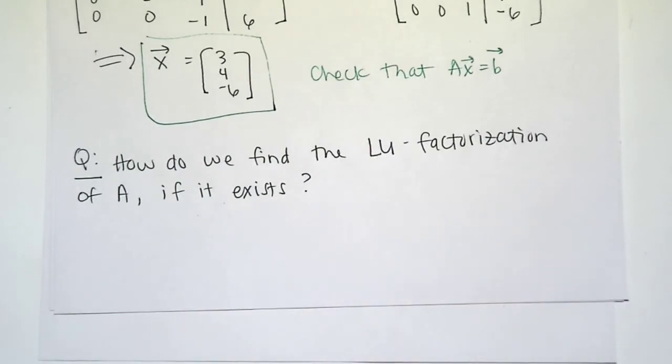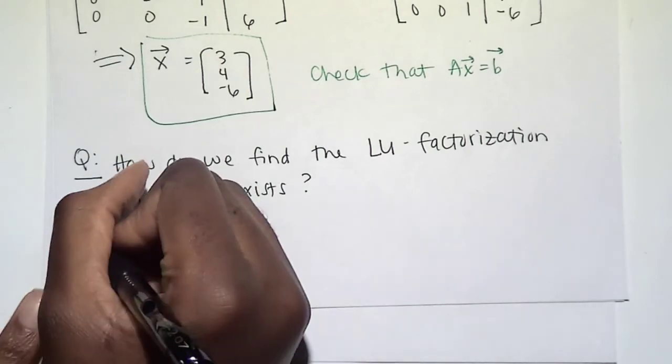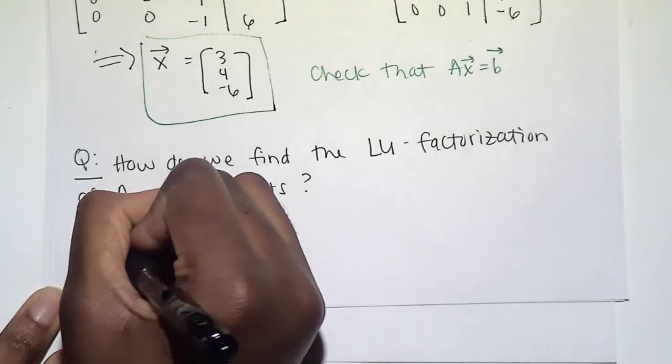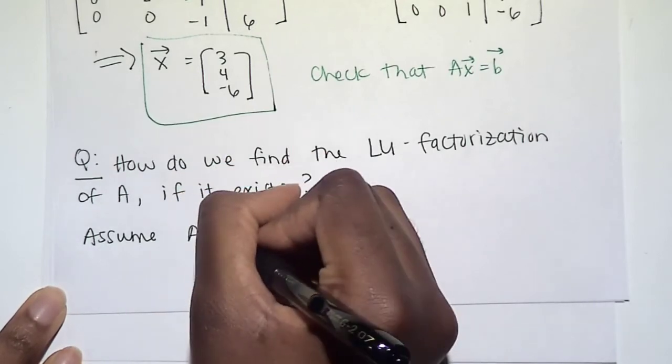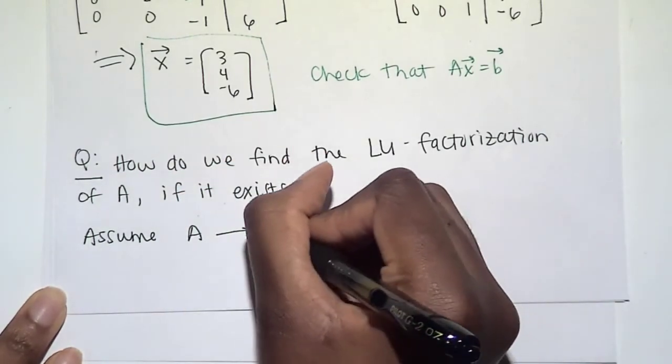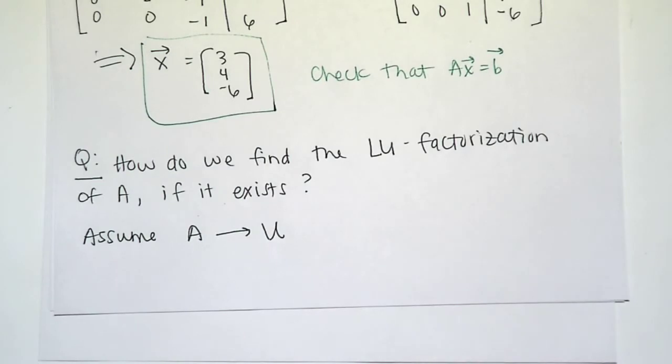All right, so we're actually going to use our elementary matrices that we mentioned back in the matrix inverses section. All right, so here's what we're going to do. We are going to assume that we can take A and row reduce it into U. And here's exactly what we're going to do.